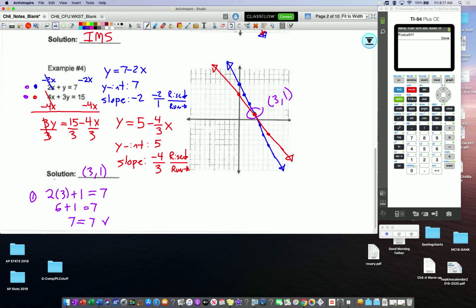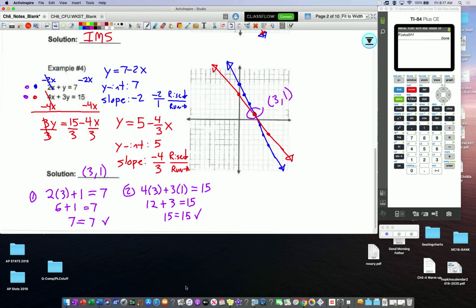Now I'm going to plug it into the second equation and check. So 4 times 3 plus 3 times 1. Does that equal 15? 4 times 3 is 12. 12 plus 3 does equal 15. Check, check. My answer is right. I just rocked that problem.